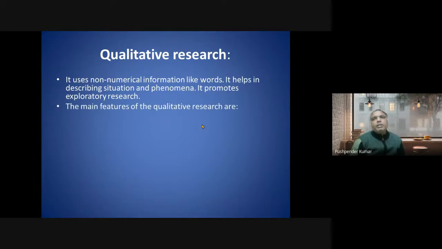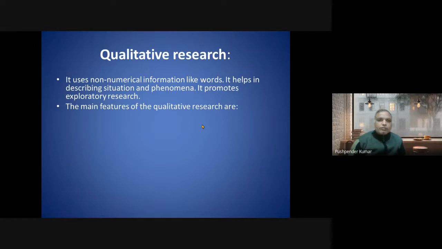So whenever you want to explore a new phenomenon, describe a new situation, new variable, new theory, new logic, you should have some kind of qualitative information, which would not be in terms of binary or numerical, but in terms of why this is so. So you need to explain it.